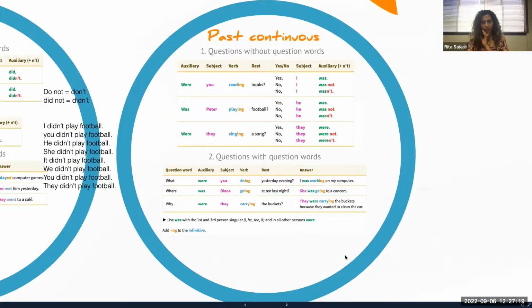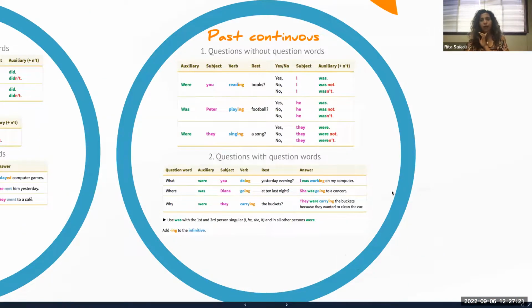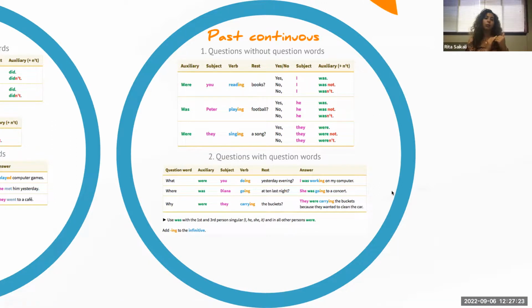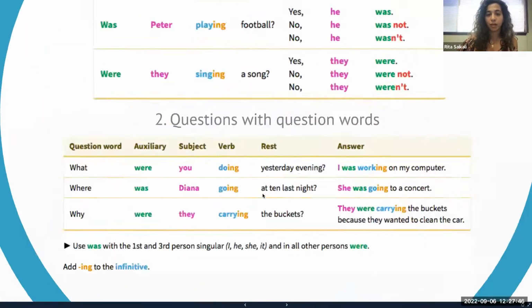Let's clear this. All right, so now we have the past continuous and we are asking questions in the past continuous. In the past continuous, we put the auxiliary, which is the verb to be.